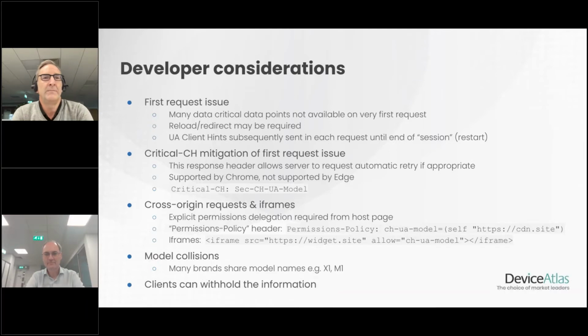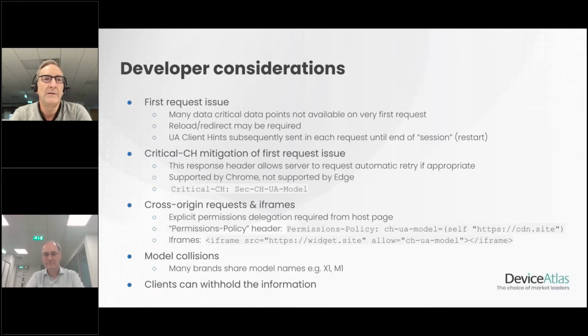Another aspect to the proposal is it opens the door to model collisions. In DeviceAtlas, we have, I think, 16 devices with the model name M1. And because the proposal simply sends a model header rather than a manufacturer and model header, you cannot distinguish between models that share the same model name.